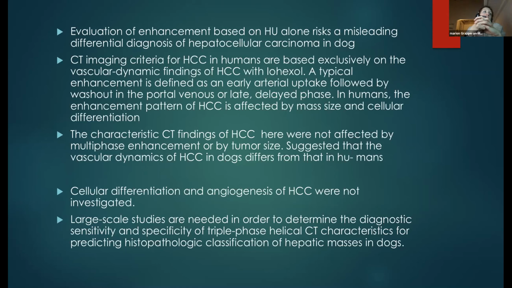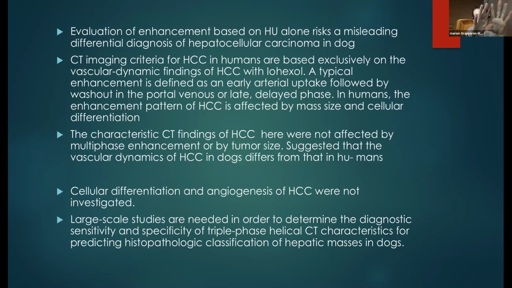So they suggest that the vascular dynamics of hepatocellular carcinoma in dogs differ a little bit from humans, but they're not really assessing it. They are not investigating the cellular differentiation and the angiogenesis in these dogs.